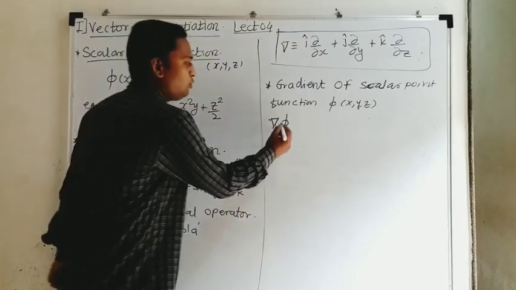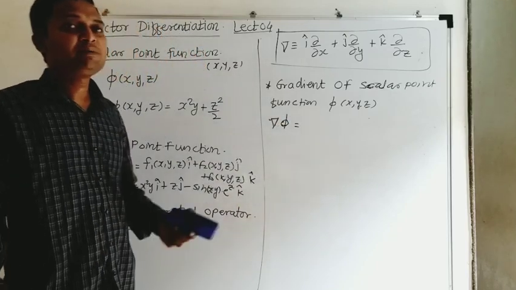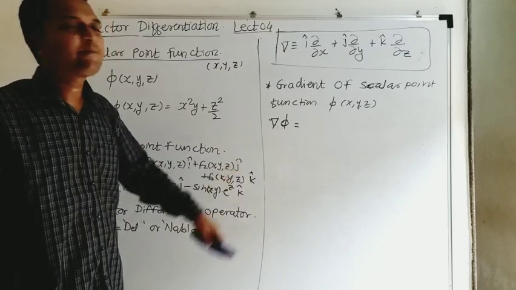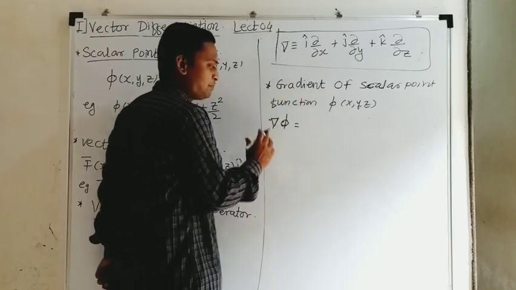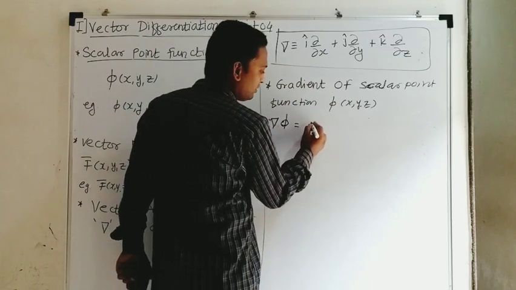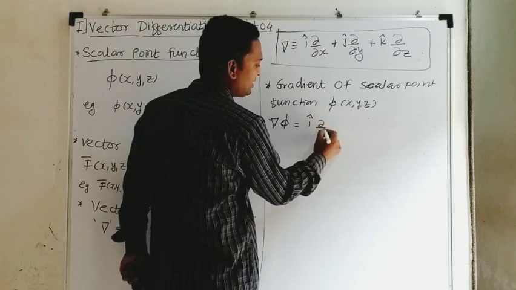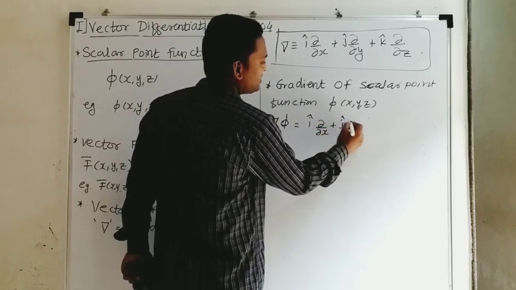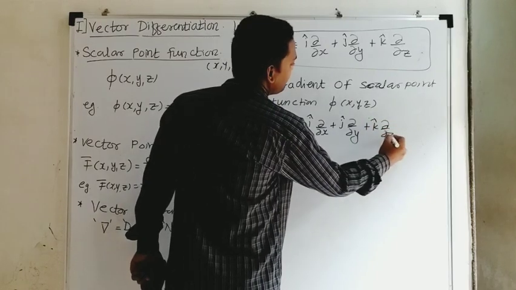Now we just have to calculate this, and whatever we get on the right hand side will be our required gradient of the scalar point function phi, and that is nothing but the definition of the gradient of phi. So del phi equals, using del as i del by del x, j del by del y, k del by del z.